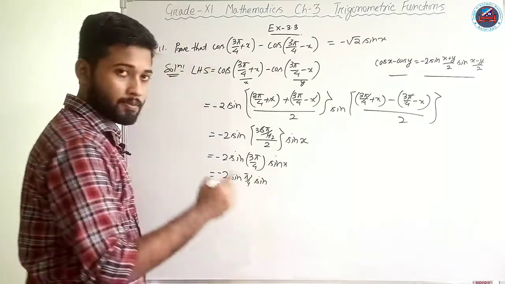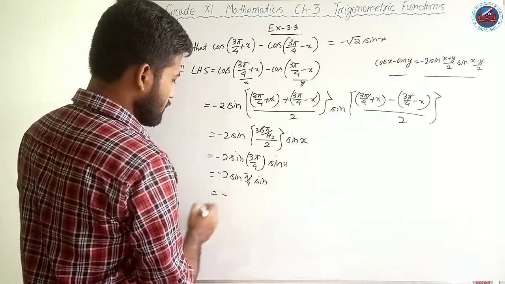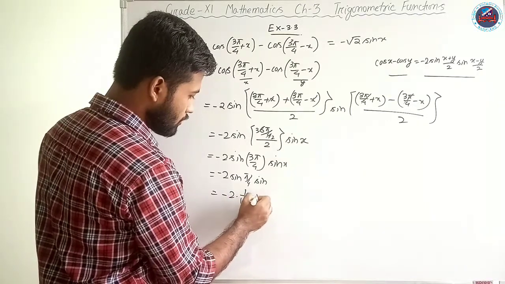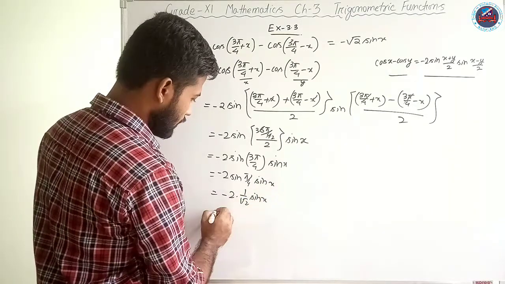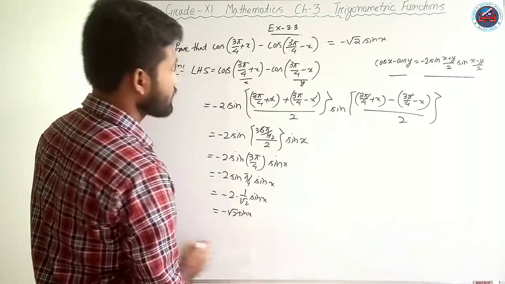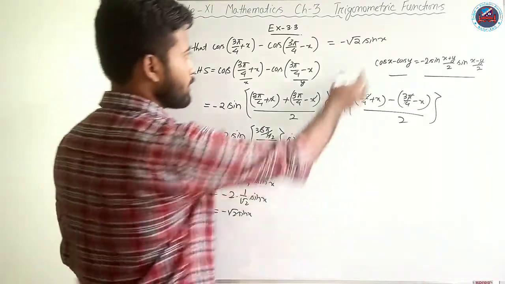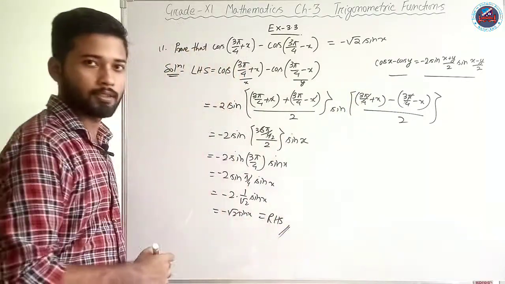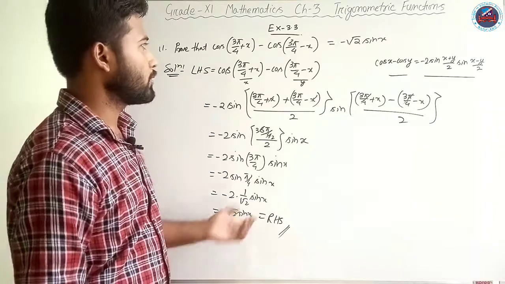That's from the previous problem that we have done. So this will give us 2 into 1 by root 2 sine x, and that will be equal to minus root 2 sine x. So now you can check that this and this are the same, so that is equal to the RHS, proved. Fine. So this is how we do such kind of proofs.